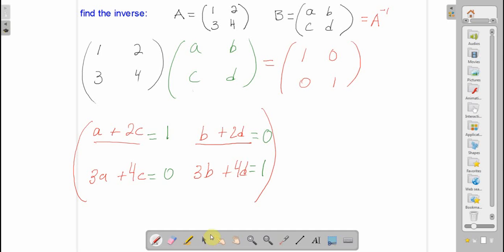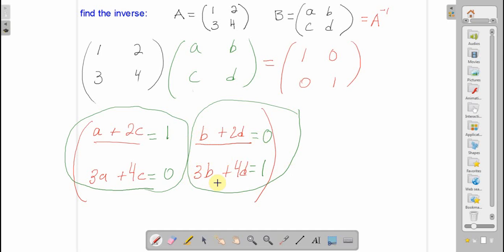So now we completed our two systems of equations, and you should be able to know how to solve these two. So we have one system here, because we have two variables, two equations, and then we have another system here, two rows, two variables, and if you do this, you will find that you have another matrix with these values: -2, 1, 3/2, and 1/2.